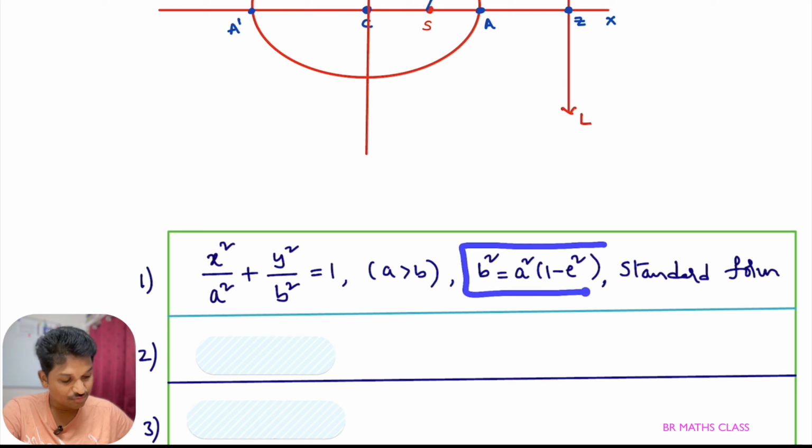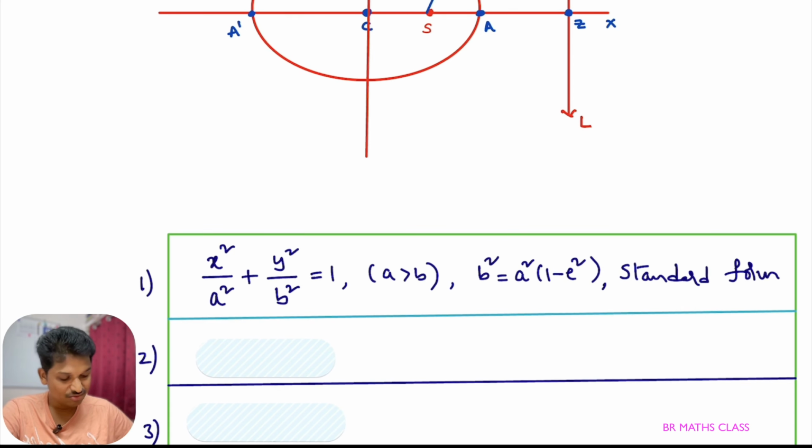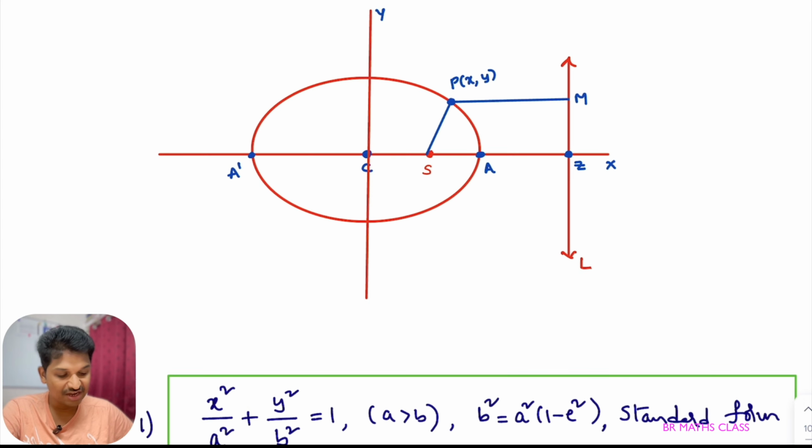This is most important because in this ellipse, mainly three things are there: one is a, another one is b, another one is e. This formula gives the relation between a, b, e, right? So this is important. While doing the problems, I'll explain. You need to memorize this. In standard form of ellipse, b square is equal to a square into 1 minus e square, right? Now, next one is, you observe this ellipse diagram.